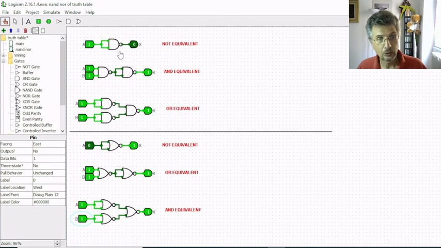So in a way, you can build any logic circuit using just one logic gate. You can use just NAND or just NOR, and you can build any circuit, any truth table you can think about.